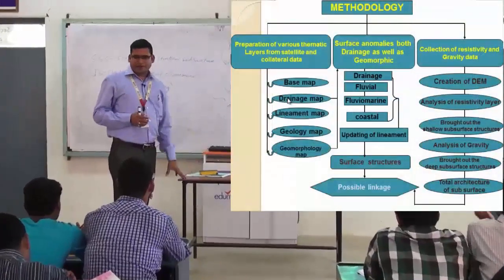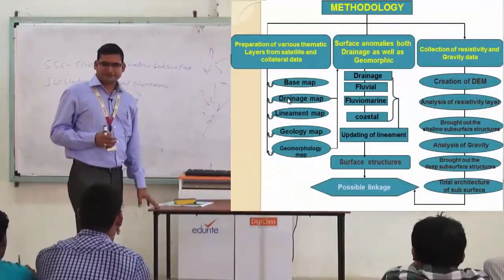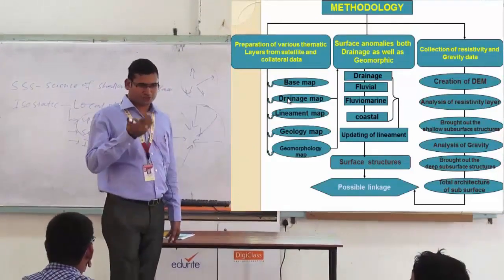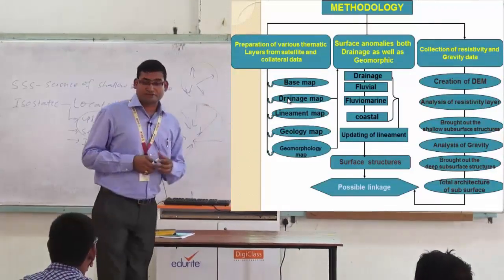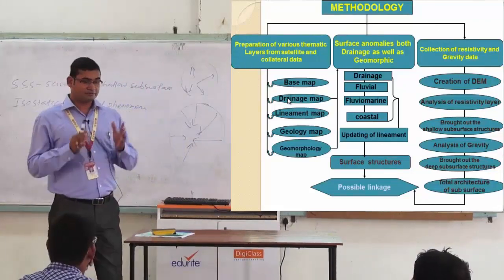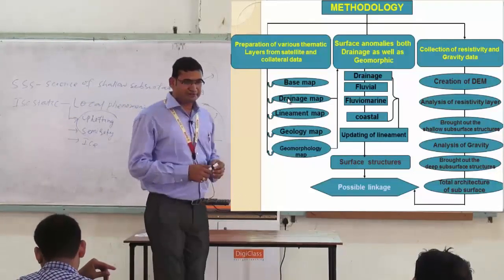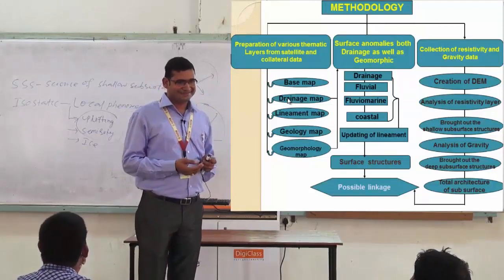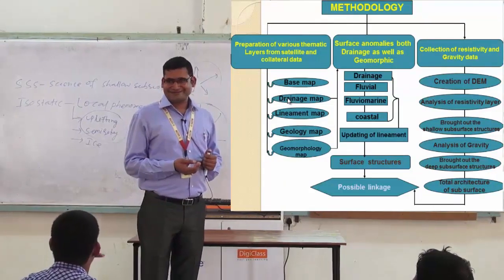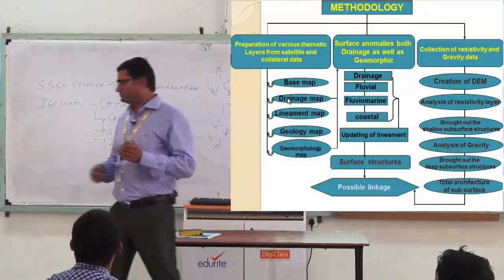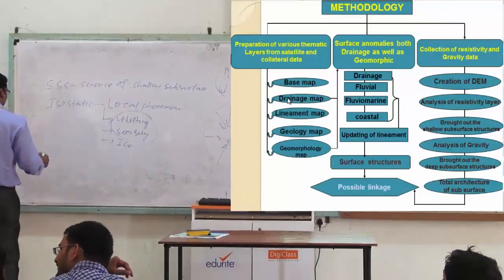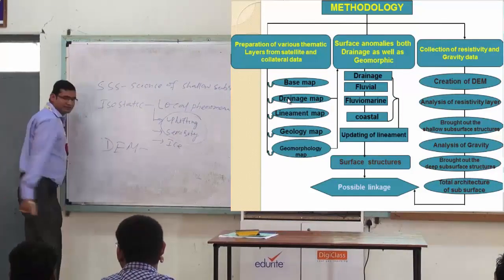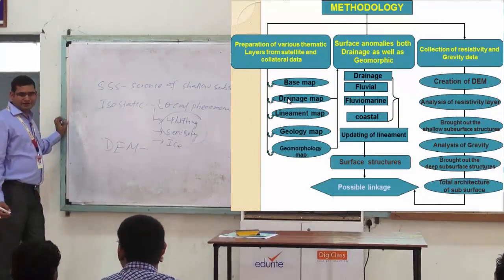Then different types of anomalies and surface structures, amalgamating all the anomalies to bring out the surface structures. Then the collection of the resistivity data, the gravity data and the borehole data. From this resistivity data, the creation of DEM. What is DEM? DEM: Digital Elevation Model.